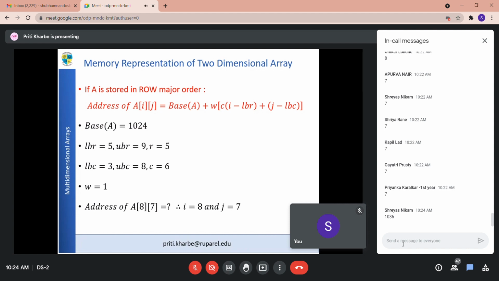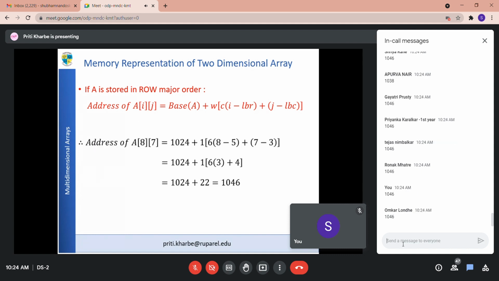No, Shreyas, check your calculation. Apurva, check your calculation. A little bit here and there. Yes, all the remaining students have given me the right answer, 1046. See, this is the calculation. Shreyas and Apurva, check your calculation, a small mistake will be there. So the right answer is 1046 if we are storing it in row major order. Okay, Shreyas, what went wrong?